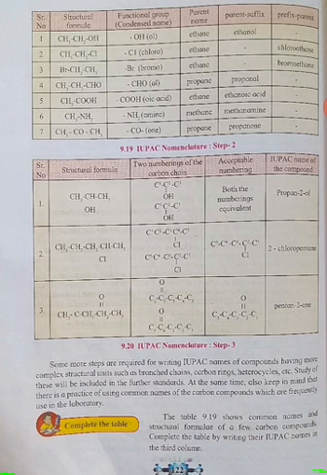In the third example, the structural formula is CH3-C-CH2-CH2-CH3. Here we attach oxygen; there is a double bond formation. First we count the carbon atoms. There are 5 carbons present, so write C1, C2, C3, C4 and C5. Then in the second position we join oxygen with a double bond, and again below it we write the carbons in decreasing order, and in the fourth position we join the oxygen with a double bond.